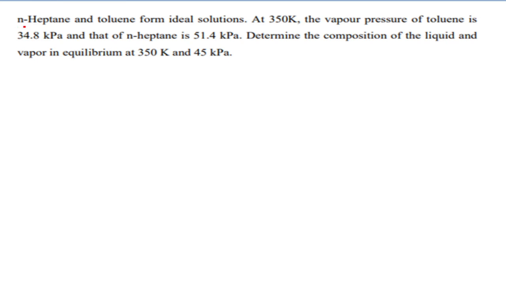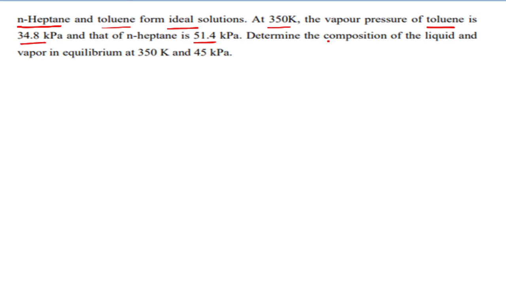If you observe the data, we have the components n-heptane and toluene, and they form ideal solutions. At 350 degrees Kelvin, the vapor pressures of the components are given as 34.8 kilopascals and 51.4 kilopascals for n-heptane and toluene.